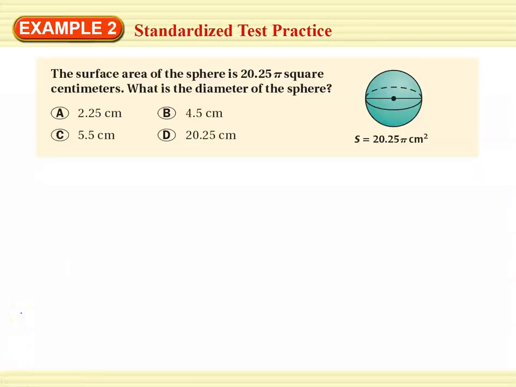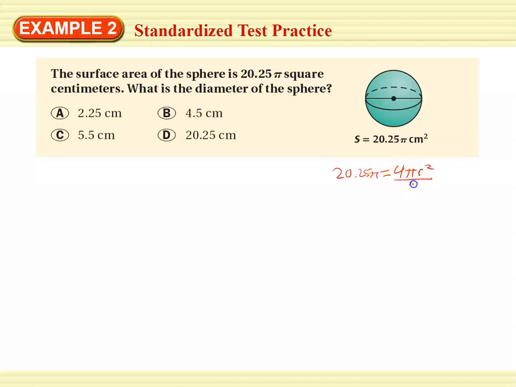All right, here we're told that the surface area is 20.25 pi centimeters squared. We want to find the diameter. Now, we know that surface area is 4 pi r squared. So we can set that equal to 20.25 pi. This isn't going to help us find the diameter directly. This is going to help us find the radius, but if we know the radius, we can figure out the diameter.